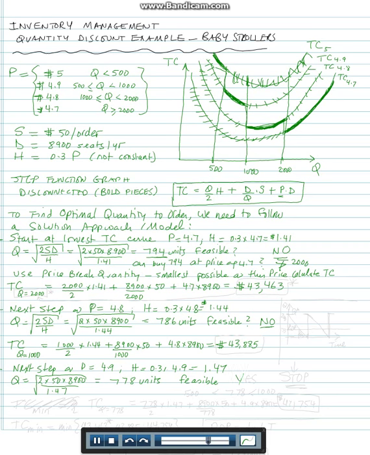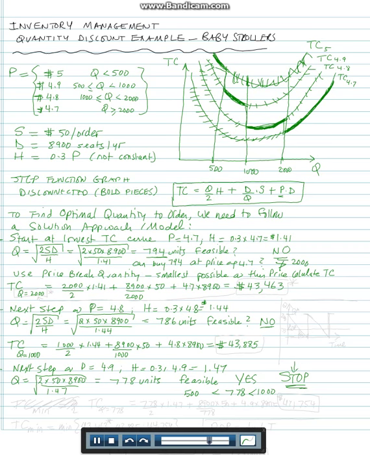Yes, because 778 is between 500 and 1,000. I can buy it at this price. So this indicates now that I can stop going up the steps. Once you reach a feasible EOQ, you can stop.